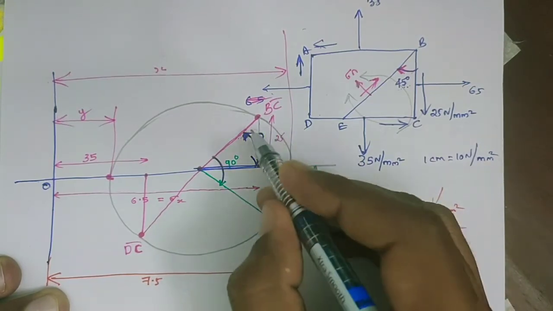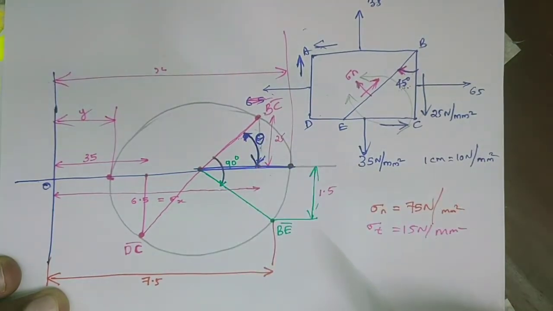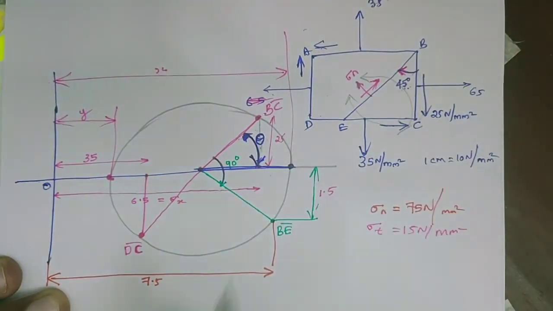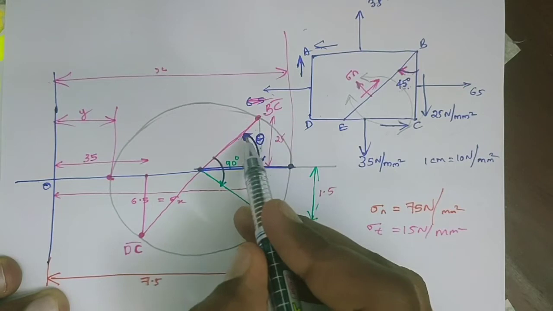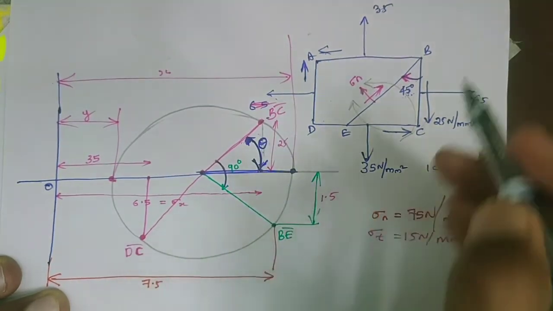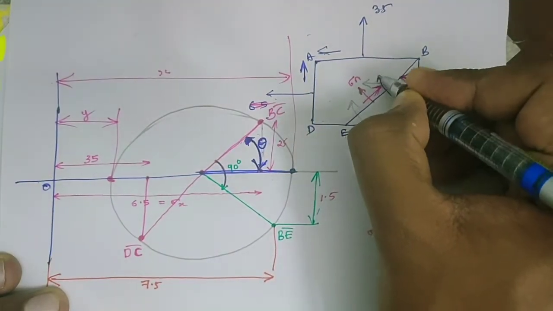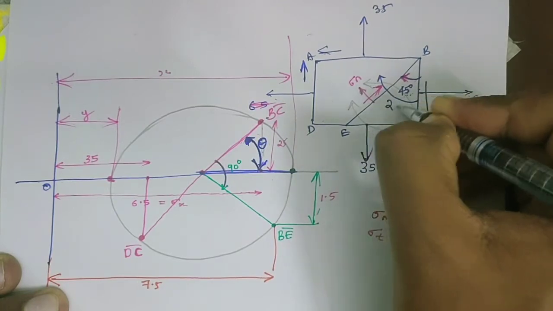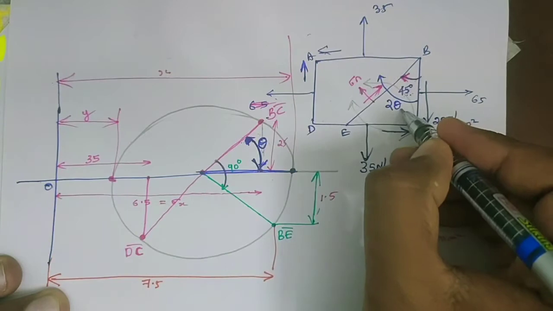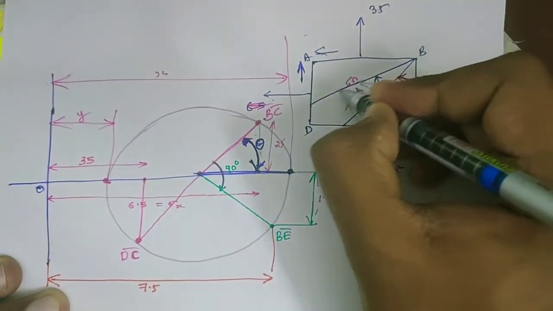So from BC, theta angle clockwise rotation we can reach the principal plane. Similarly, from BC clockwise rotation by an angle 2 theta, here it is theta, here it will be doubled, 2 theta. We got the principal plane.